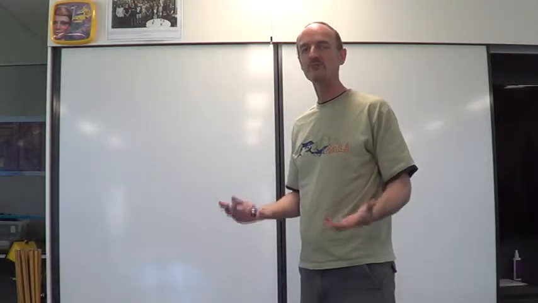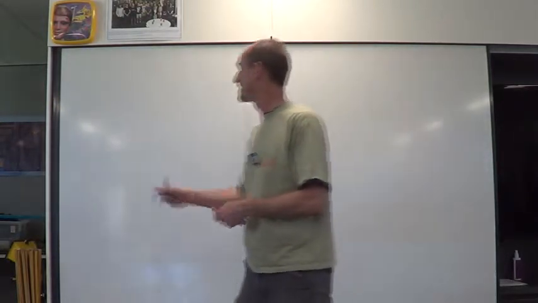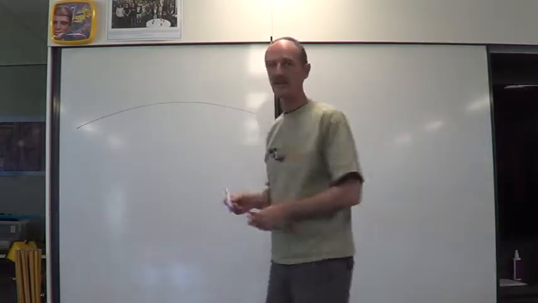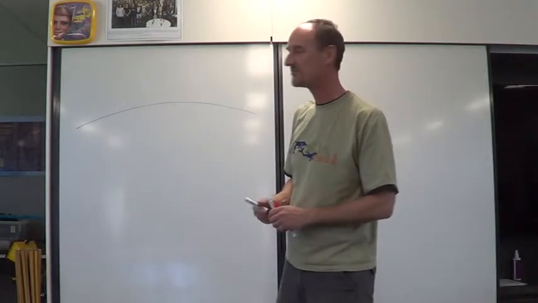So, if we look at an object thrown near the Earth's surface, it would look something like this. Imagine the Earth's surface like that, and we're throwing an object.